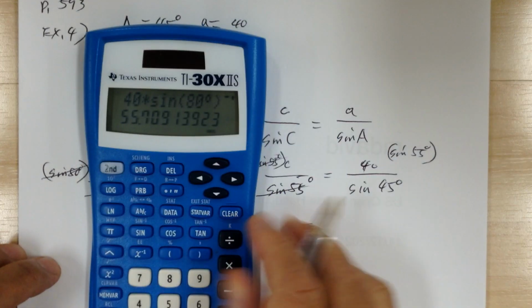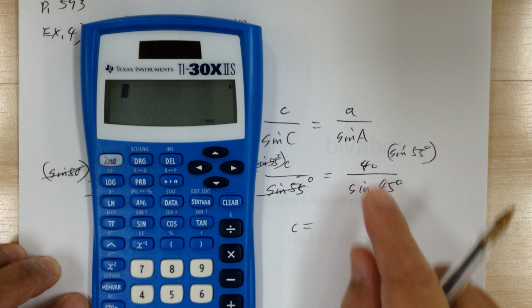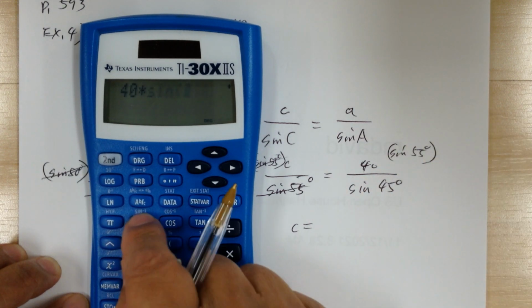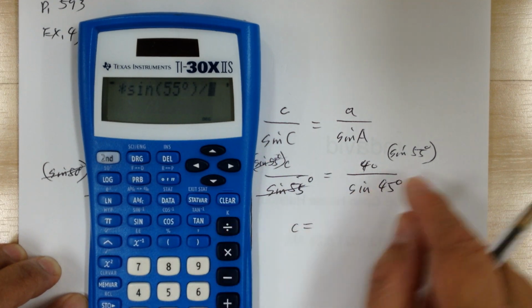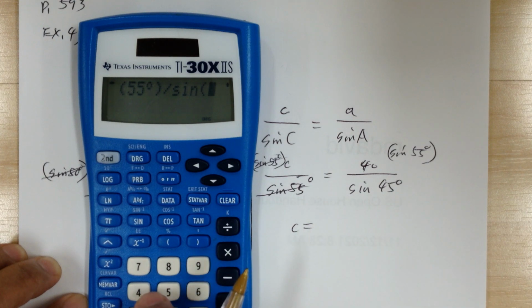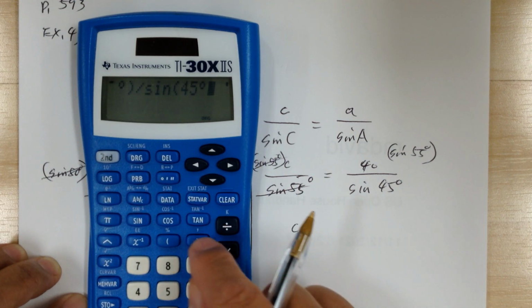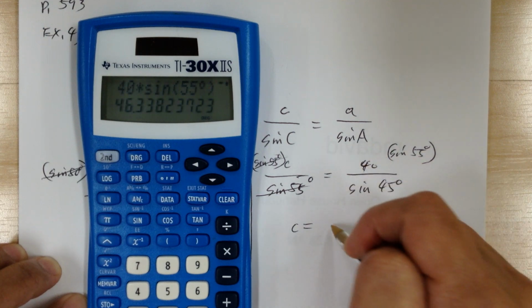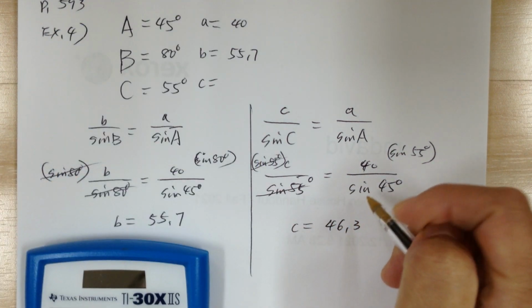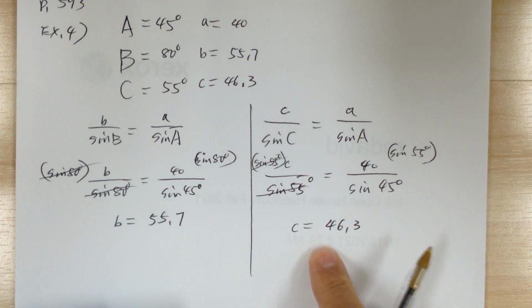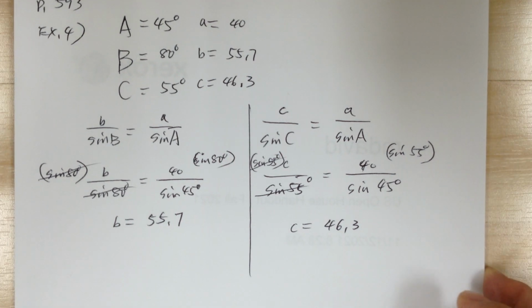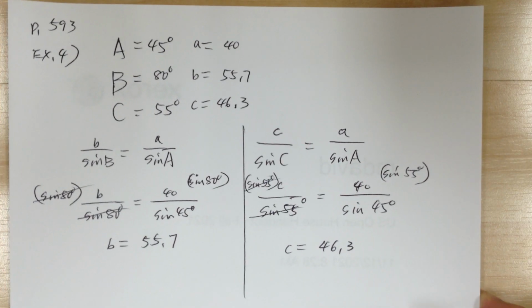So C equals, get your calculator, 40 times sine of 55 degrees divided by sine of 45 degrees. Equal, so it'd be 46.338, so 46.3. And again, when you use it to find the length, whatever you get, that's it. You don't have to worry about a second possibility. Only if you use it to find the angle, and the largest angle, then that's when you have to use second possibilities.